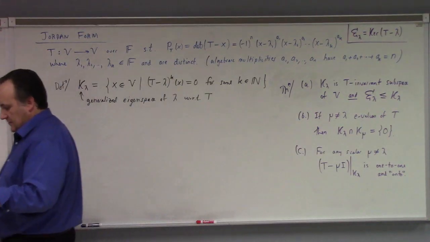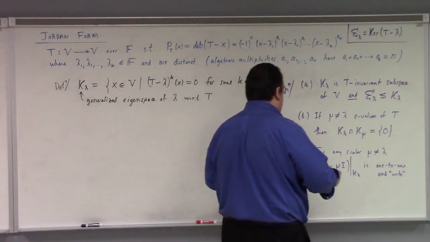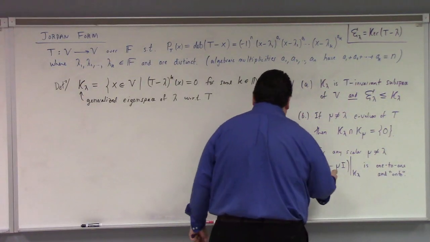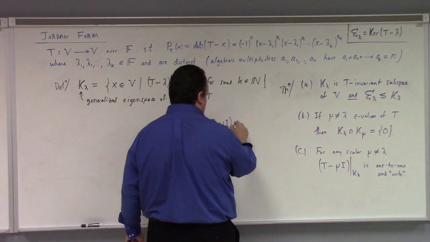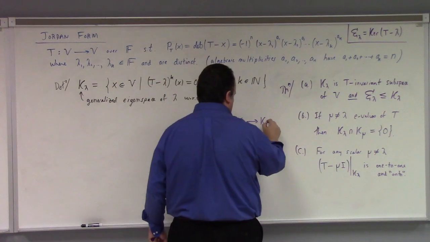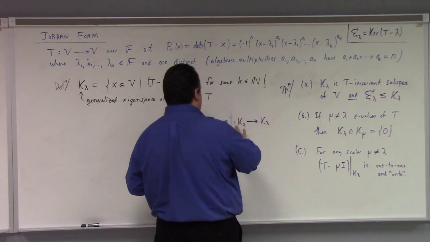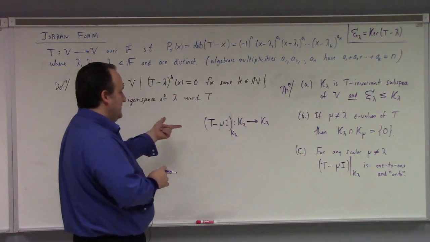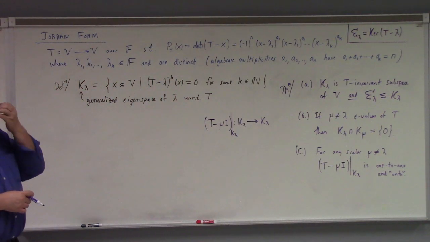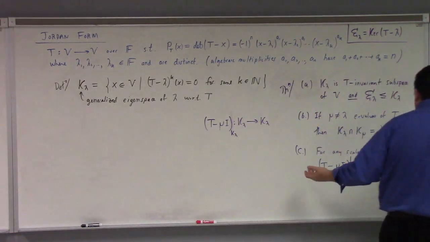What am I meaning? It's not really the restriction I'm talking about. My meaning there must be T minus mu I viewed as a mapping from K lambda to K lambda. I don't have a notation for it, but it's like the T sub W. So K sub lambda is an invariant subspace of T minus mu I, and with respect to that construction, it is a 1-to-1 and onto map.